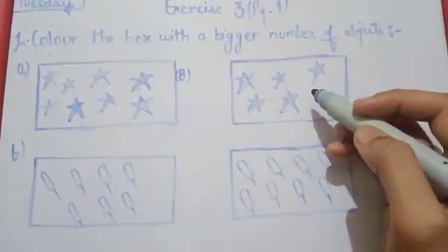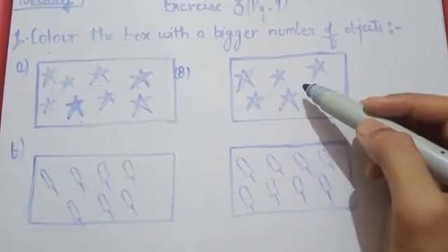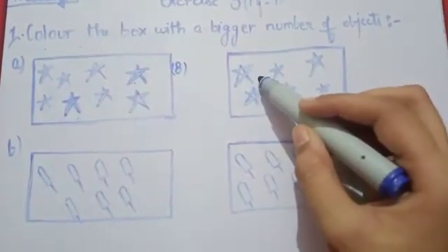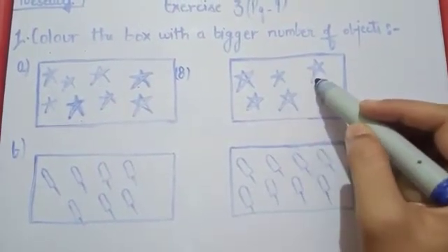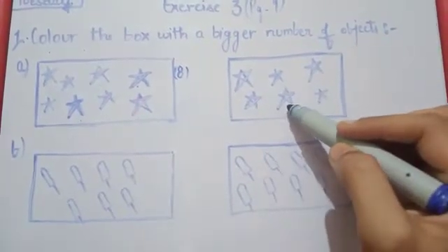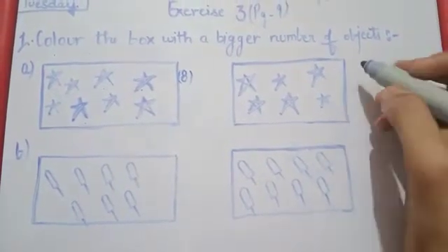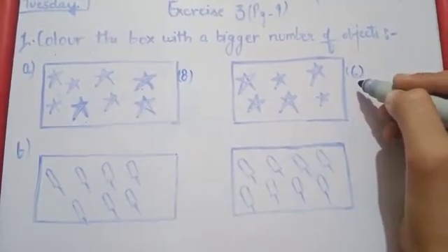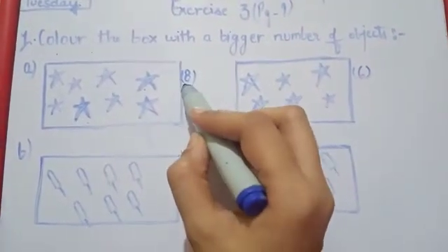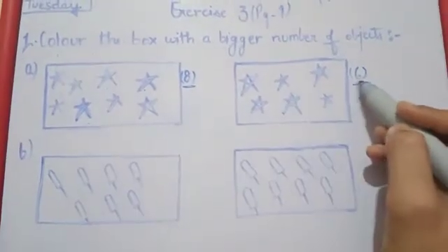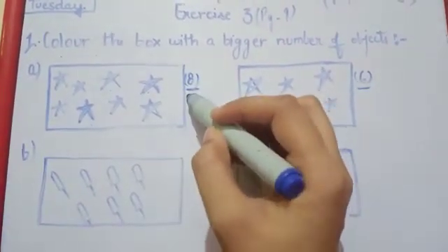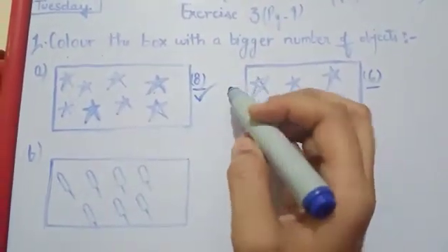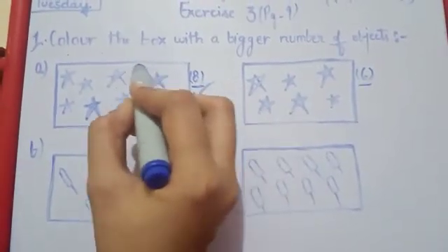Now we will count the second box, objects of the second box. 1, 2, 3, 4, 5, 6. So in this box there are 6 objects. So which number is bigger, 8 or 6? Yes, number 8 is bigger.